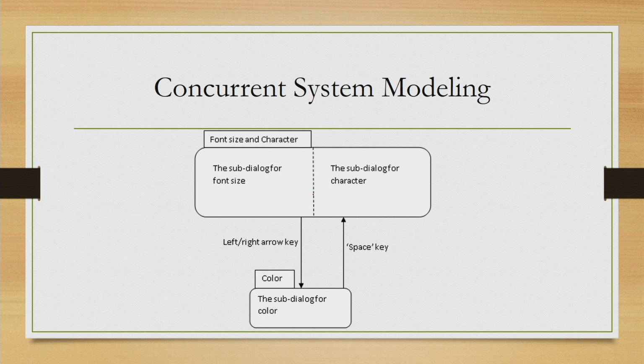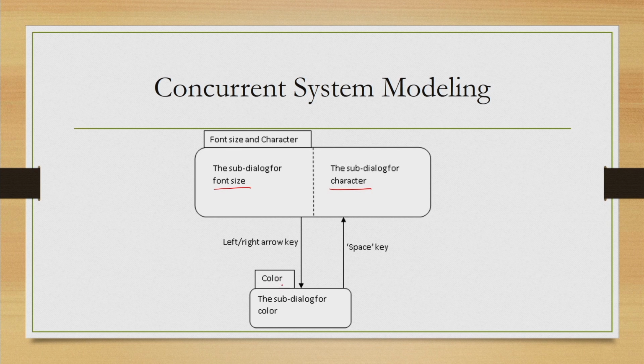Here we have these two substates, the subdialog for font size and the subdialog for character. They are now connected by the AND superstate notation. So, this font size and character is the superstate, and it is an AND superstate where the substates are font size and character. They are active simultaneously.